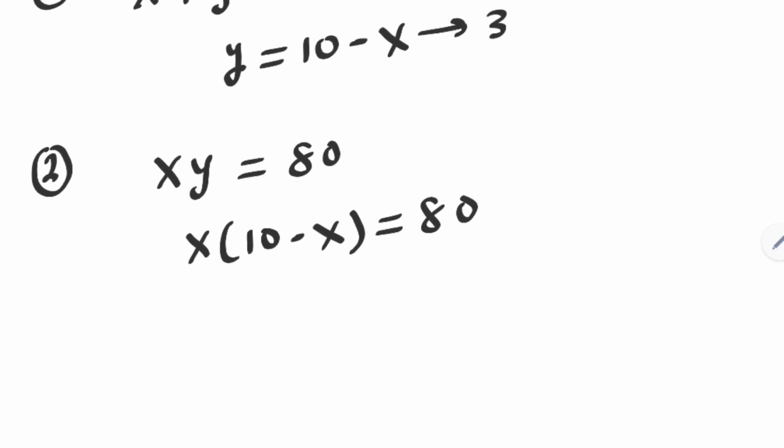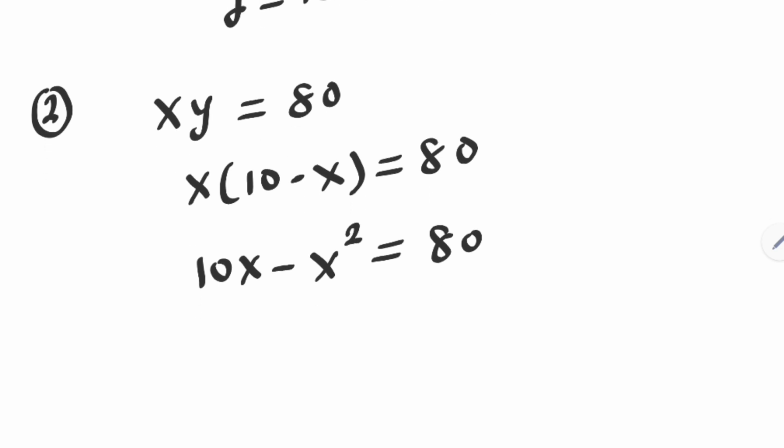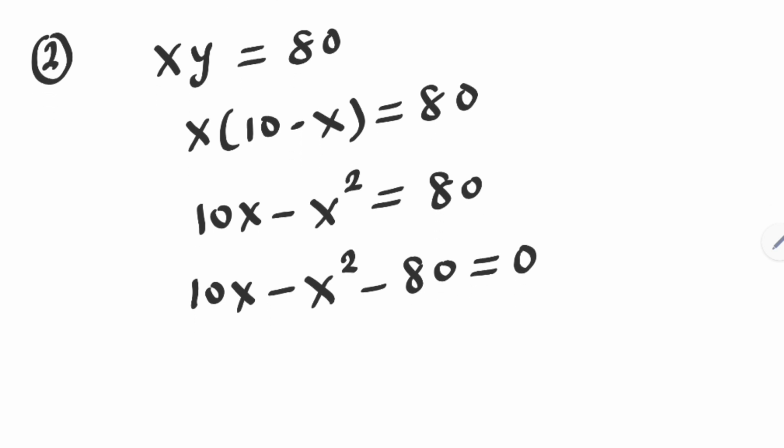Let us open the bracket with this x. x multiplied by 10, that is 10x, minus x multiplied by x, that is x square, is equal to 80. Let us bring this 80 to the left hand side and equate everything to 0. 10x minus x square minus 80 is equal to 0.